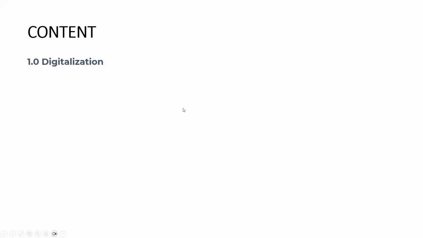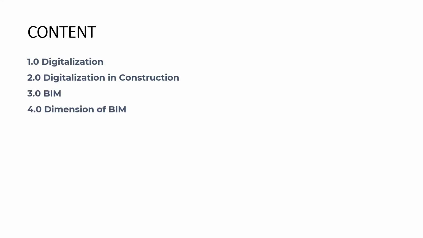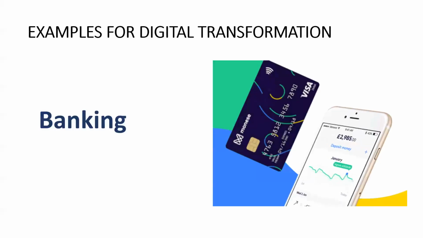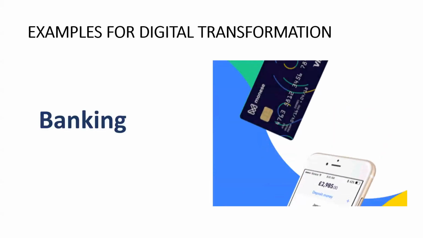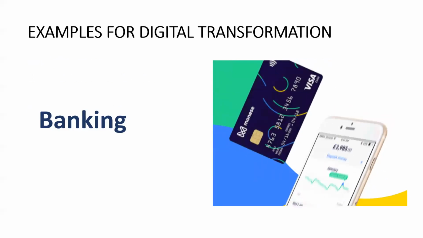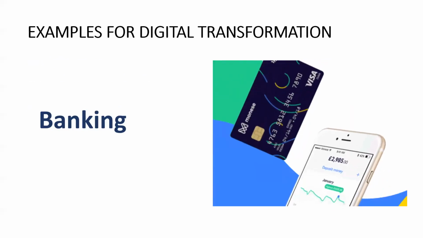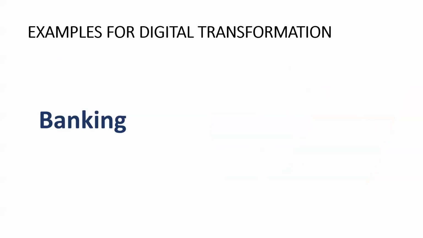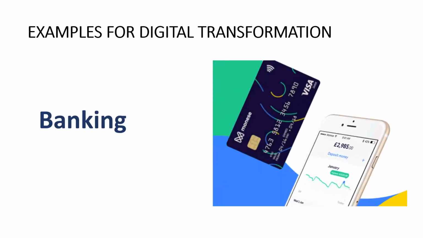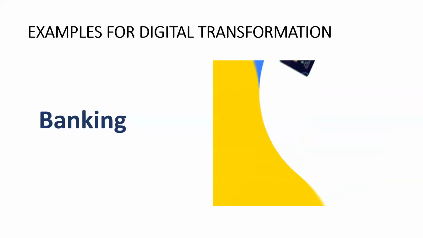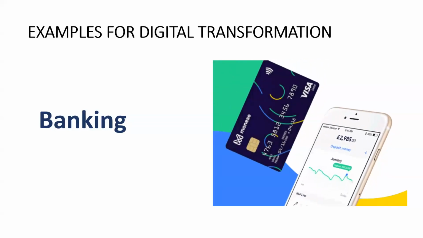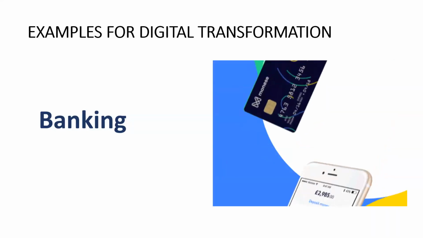First we have to learn about digitalization, then digitalization in construction, building information modeling, dimensions of BIM, digital twin, concepts of BIM, roles of BIM professionals. Example for digital transformation: if I tell you the theory of digitalization, you will fall asleep, but if I show you some practical examples, you will understand more. Digital banking is the best example.